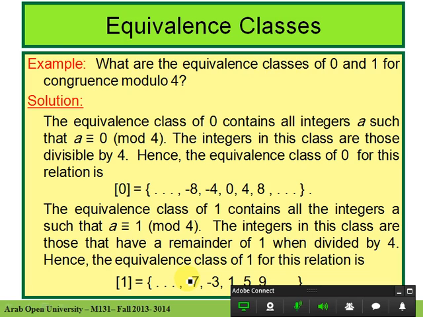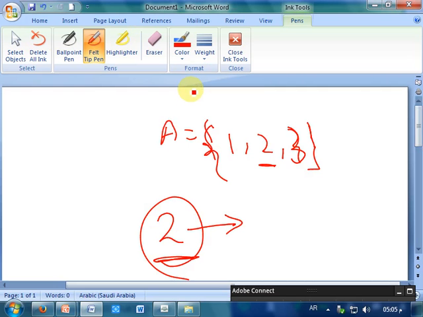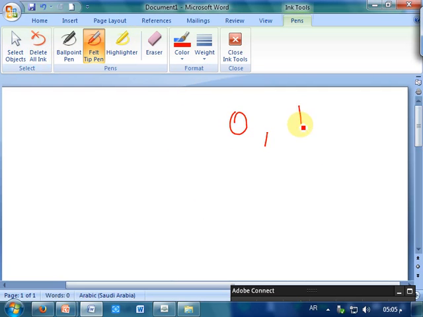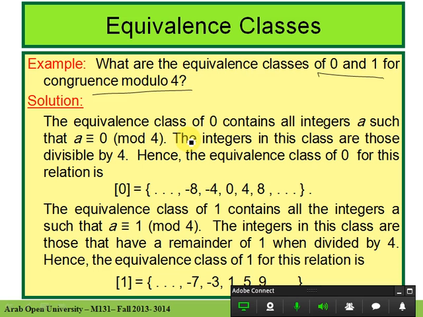What are the equivalence classes of 0 and 1 for the congruence modulo 4? A is a set with elements 0, 1. The condition is congruence in modulo 4.